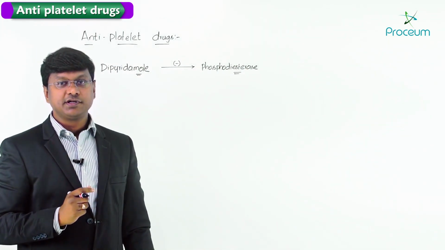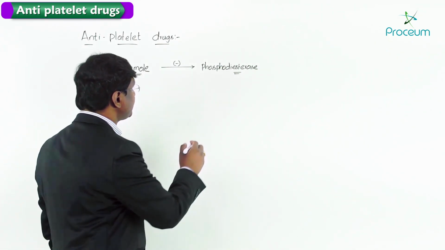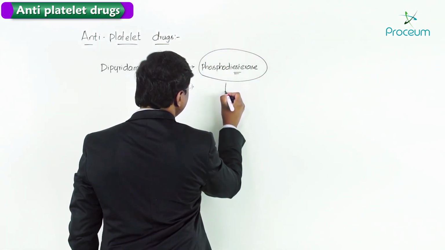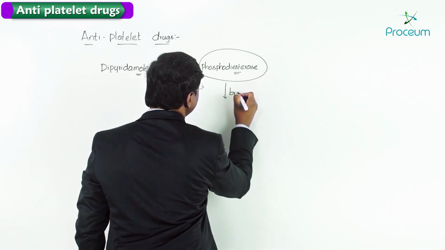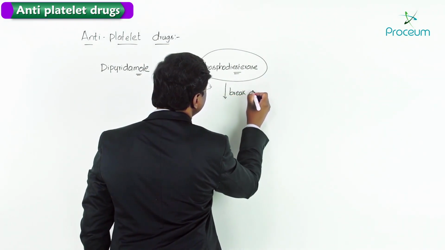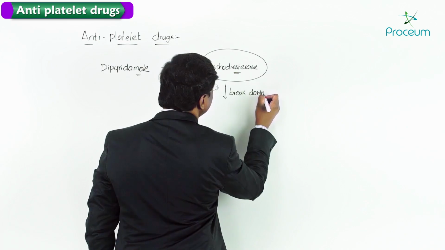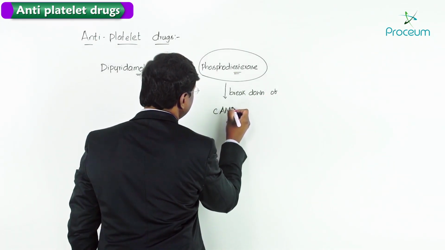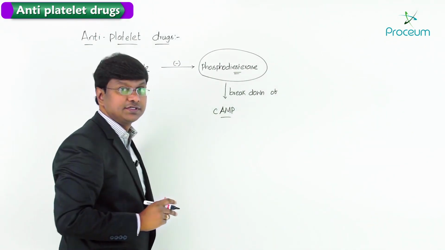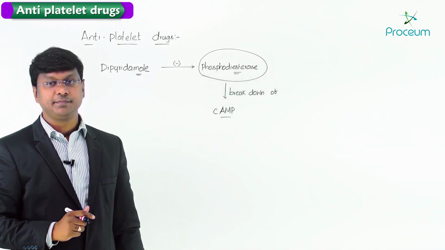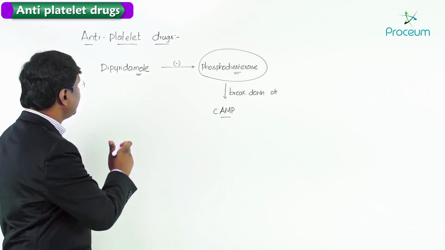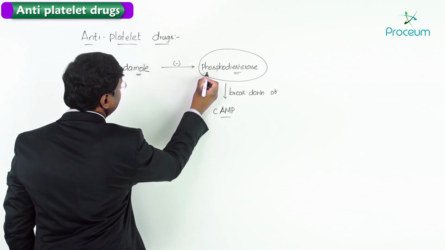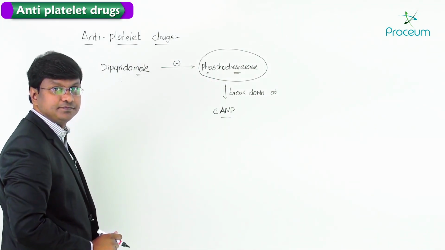Now, what is this phosphodiesterase? Phosphodiesterase is the enzyme which causes the breakdown of cyclic AMP. Now, what is dipyridamole doing? It is inhibiting the phosphodiesterase enzyme.